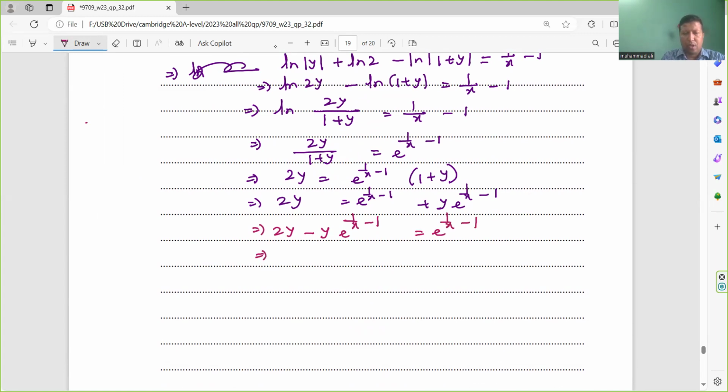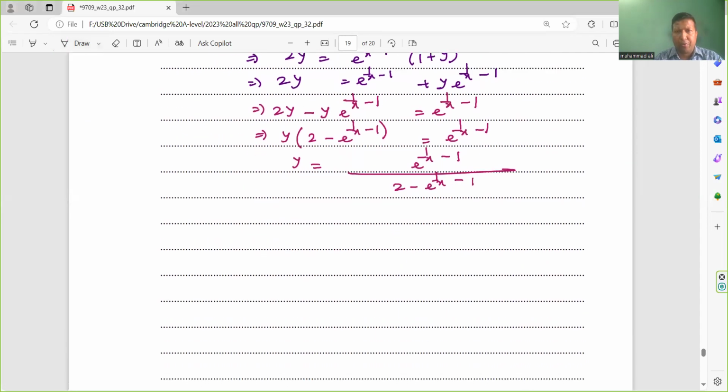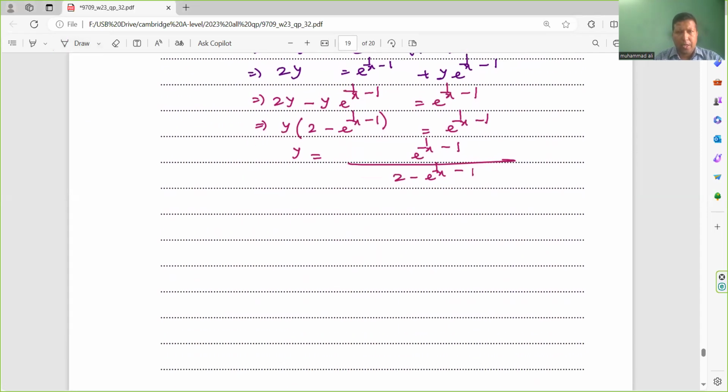If we write y common, it will be y into (2 minus e to the power (1 by x minus 1)) equals to e to the power (1 by x minus 1). So y equals to e to the power (1 by x minus 1) divided by (2 minus e to the power (1 by x minus 1)). Now, our first part completed.